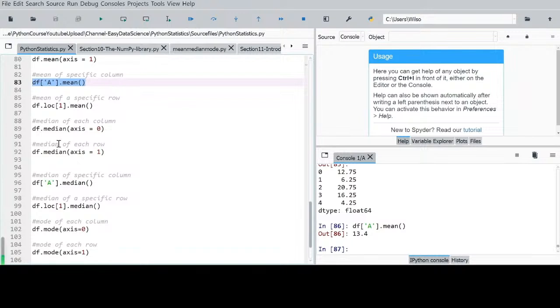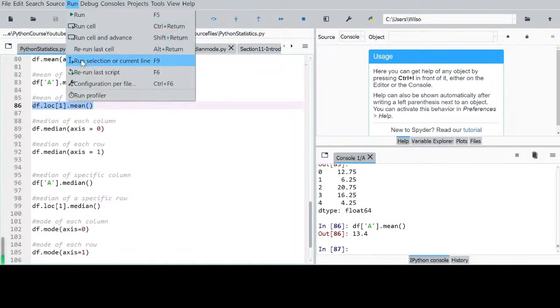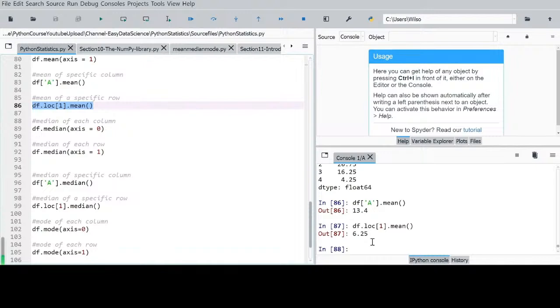And if we want to calculate a specific row of this data frame, we can use dataframe.loc, for example, the second row. So we put the 1 in brackets, which means the second row of this data frame. Then .mean can get the mean value of this row. So the mean value of the second row of this data frame is 6.25.